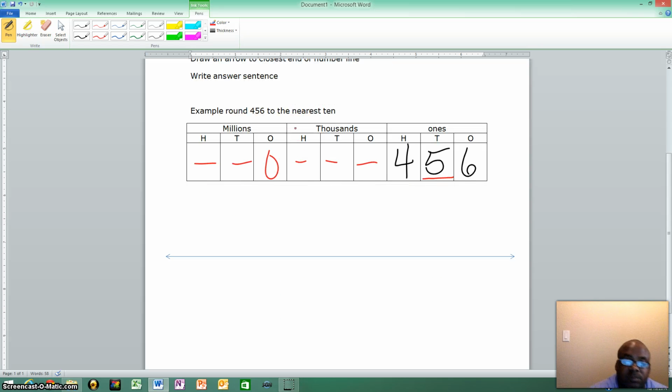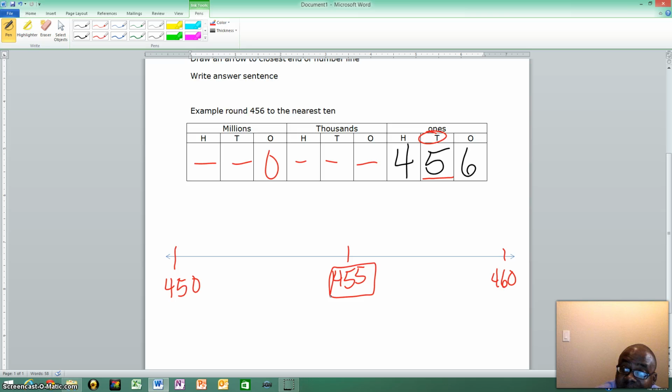So, since I'm rounding to the nearest 10, and I'm looking at the tens place, I know on one end is 450. Other end is 460. In the middle is 455. So let me tell you how I did this, right?